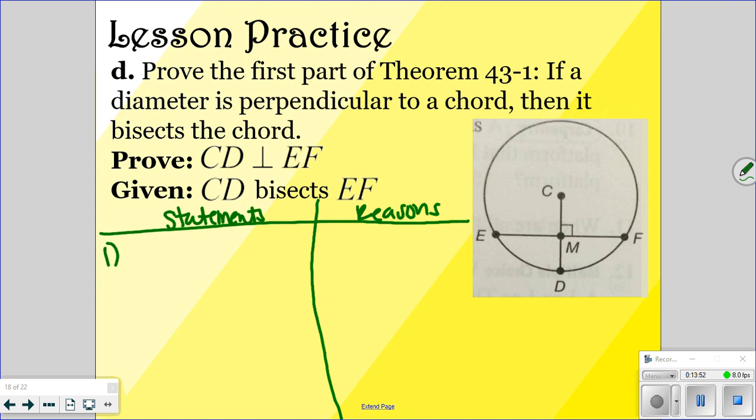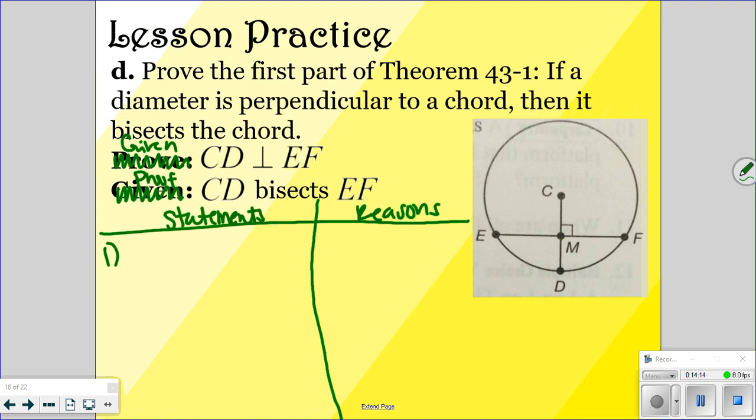And I have our prove and given backwards. This is the given, and this is what you're trying to prove. So if y'all think that y'all can do this one by yourself, y'all can go ahead and try that, and then we can go over it after y'all have unpaused the video.